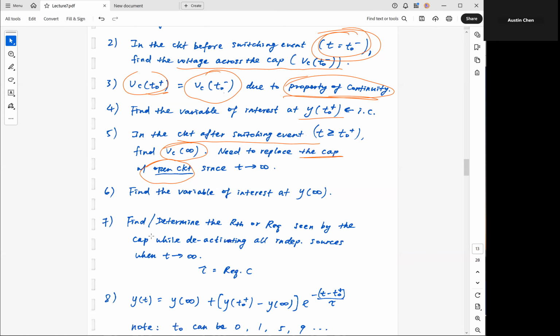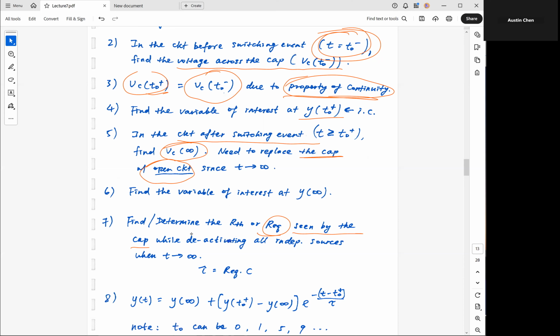Number 7, this is one step where you need to find your tau. And to find tau, we need to determine the Req, the equivalent resistance. This equivalent resistance is basically the resistance seen or observed by this capacitor.